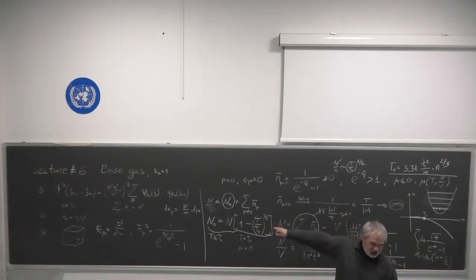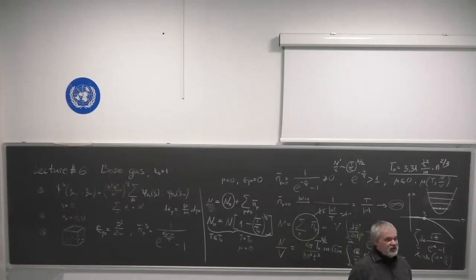So the power law will change. But the spirit of what I was telling you, namely that there is a macroscopic number of particles occupying the lowest possible energy state, remains true. For the box, the lowest possible energy state corresponds to energy equal to 0. For the potential, the lowest possible energy state corresponds to the ground state of the system, the first level which you get in your external potential. Okay?